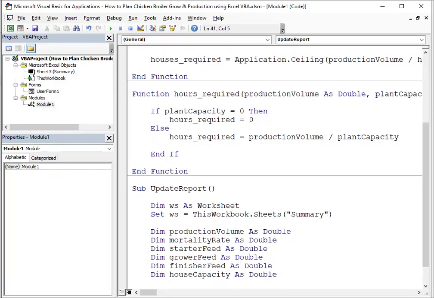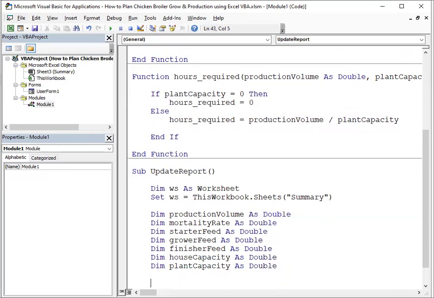Then the last one would be Dim plant capacity, our operating hours requirement to process the harvested broiler, processing plant capacity, as Double.